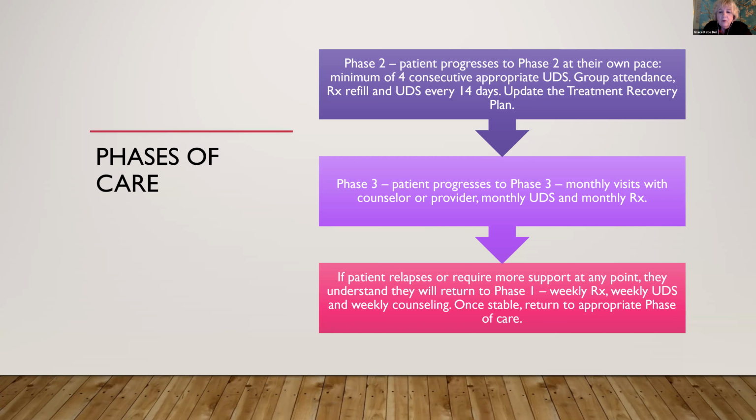And it's more about, we want to see you more, we want to support you more, we are intensifying care. And if a patient has had a relapse and they are working, we're going to have to adapt. Maybe we won't have them come back to weekly groups, but we'll be seeing them every week.